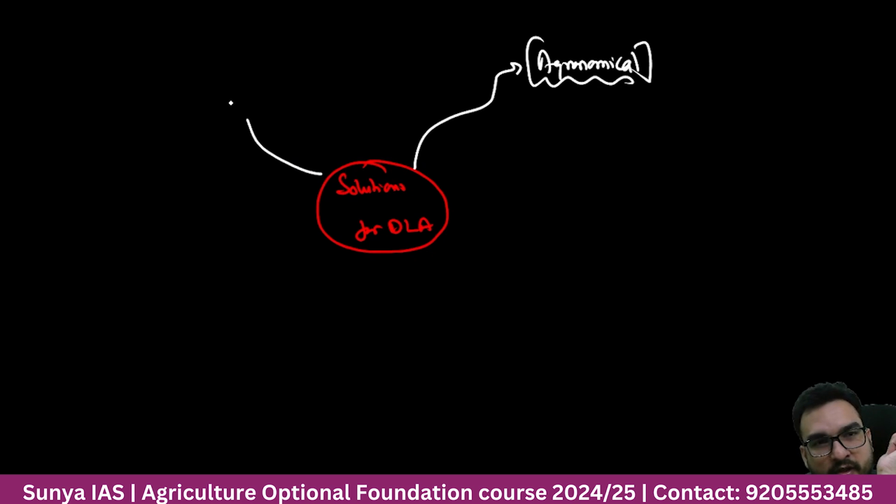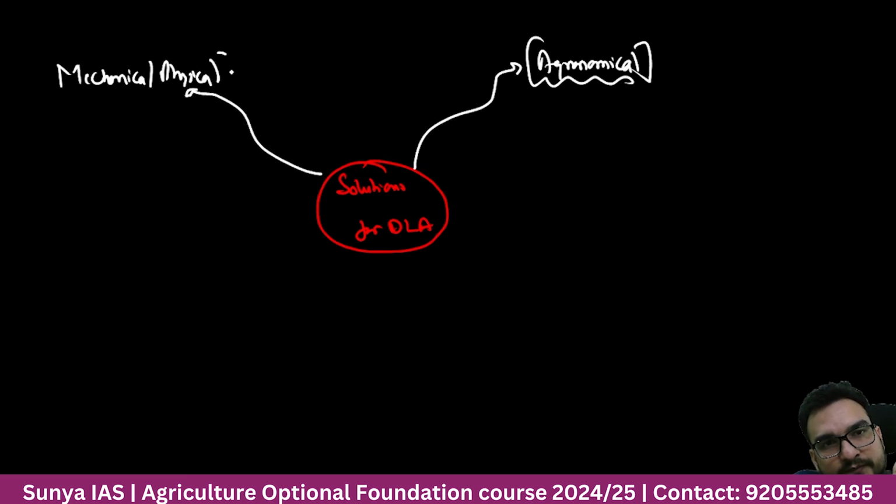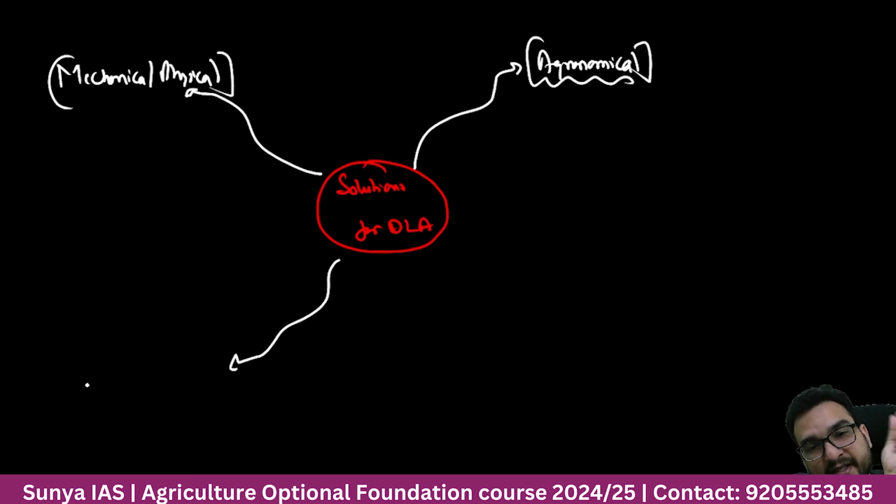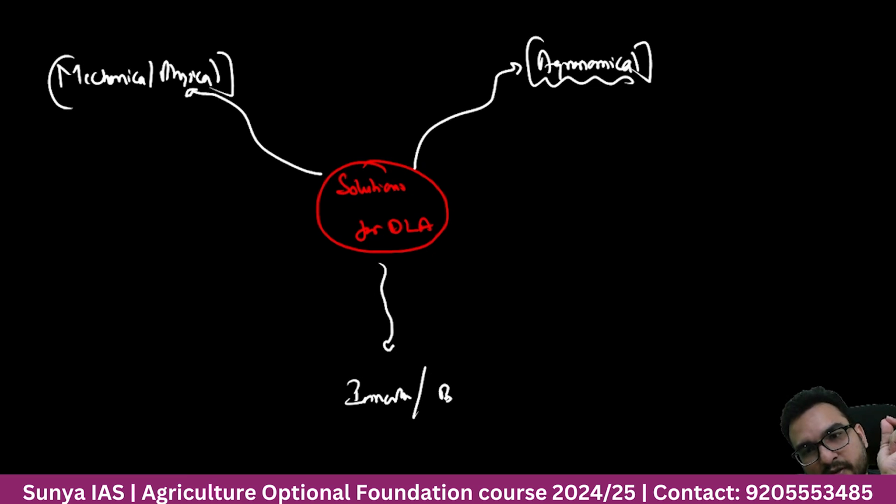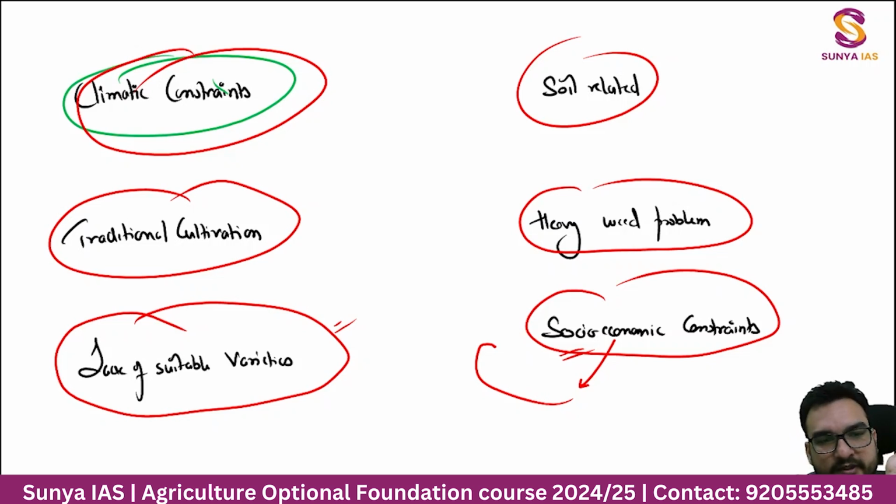You can go for the important one, mechanical or physical solutions. For these particular dryland agriculture areas, you can also go for innovation in breeding, basically breeding aspects. Just wait guys, I'm really sorry.